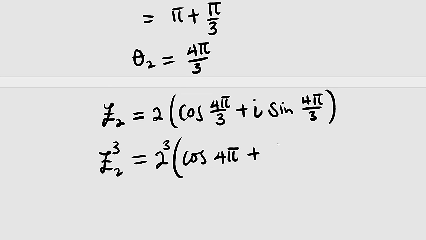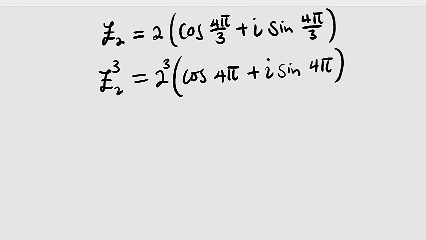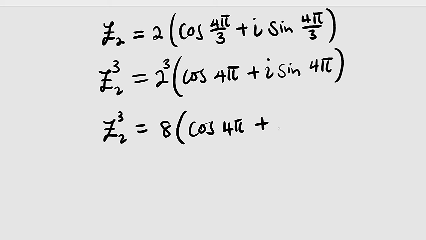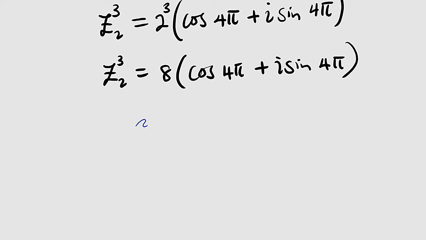Then plus I sine of what? 4 pi. We are almost done. Z2 to the power of 3 is equal to 8 multiplied by cosine of 4 pi plus I sine of 4 pi. But remember, we are looking for what?